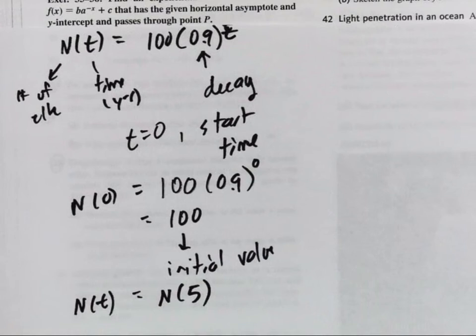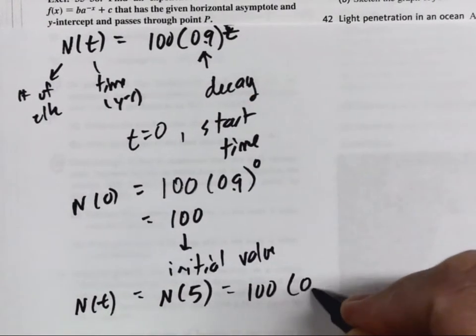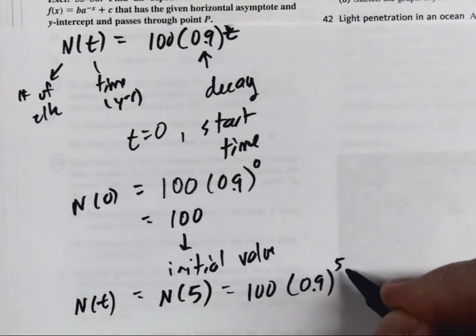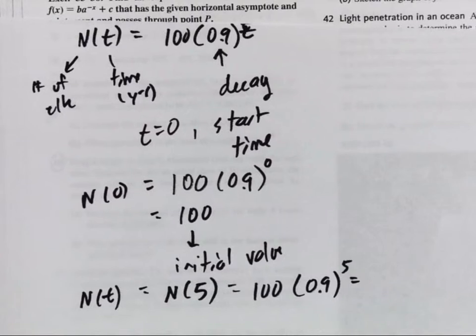N of 5, here's my equation: 100 times 0.9 to the 5th. In order to get this answer, you have to use your calculator. Just do order of operations, the exponent first. So I grab my calculator, I put in 0.9, then I raise it to the 5th power.